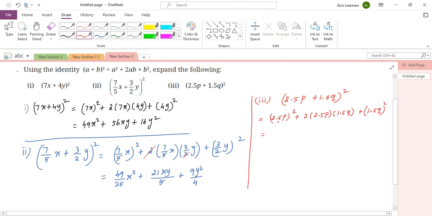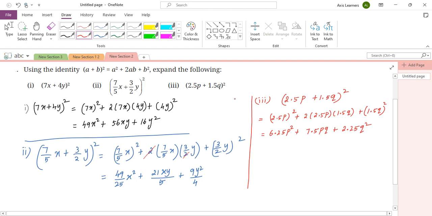What will come? 25 square is 625, so 6.25p square plus 2 into 2.5 is 5, 5 into 1.5: 5 plus 2.5, 7.5. 7.5, and p and q are the variables, so write it: 7.5pq plus 1.5 square. 15 square is 225. Now we need to put the decimal point after 2 decimal places, so 2.25q square. This is the expansion of the third one.